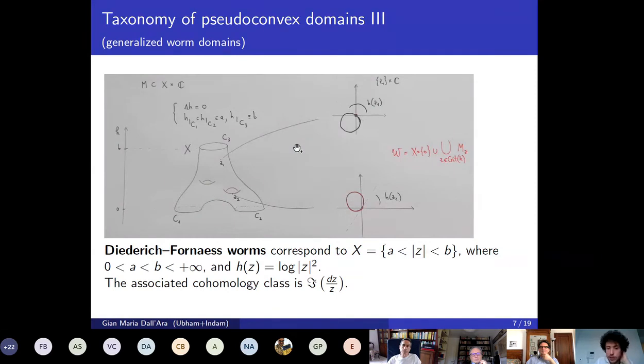An interesting class that I wanted to put here is the class of solutions of a Dirichlet problem with locally constant boundary values. You solve the Dirichlet problem, which you can in this situation, and you find the harmonic function with the property that on the 2 components, for example C1 and C2, it takes the constant value A, and on the component C3 it is constantly equal to B. In this case, you can imagine h as this real valued function.